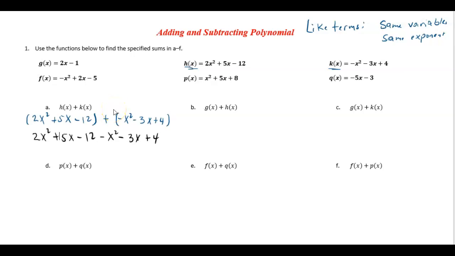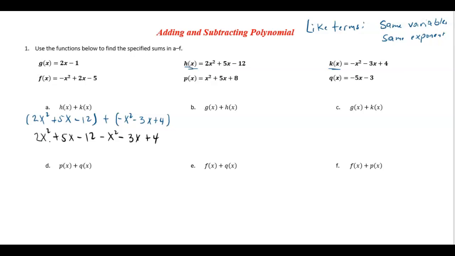Now we're going to combine like terms. And remember, combining like terms means terms that have the same variable and the same exponent. So let's start with this first term over here, 2x squared. Let's circle 2x squared.